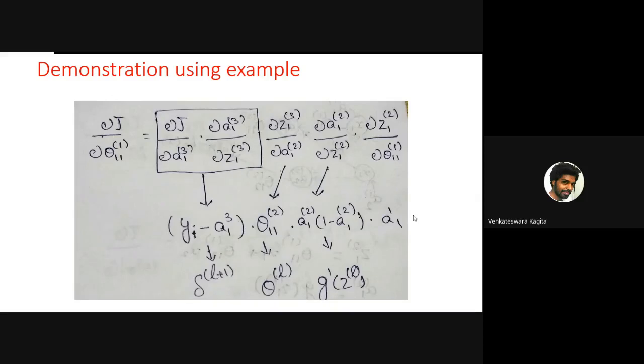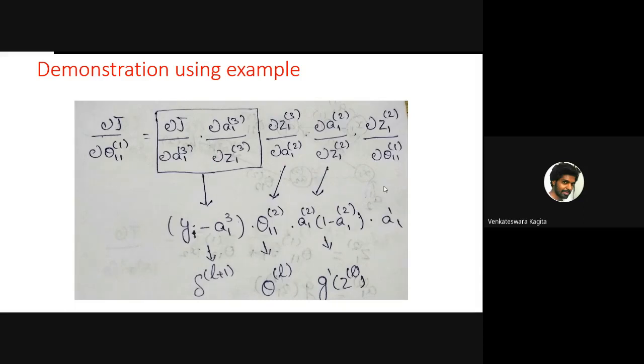It's the same thing you are getting, but you can avoid this redundant computation, isn't it? If you store this, you can avoid these two terms' computation. If you store this, you can avoid this term's computation. And similarly, if you store this, you can avoid this term's computation also. And while doing forward propagation, you actually compute a11. If you store that, you can avoid computing this also, isn't it?